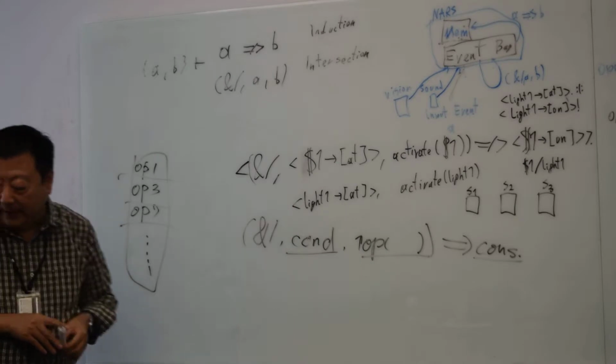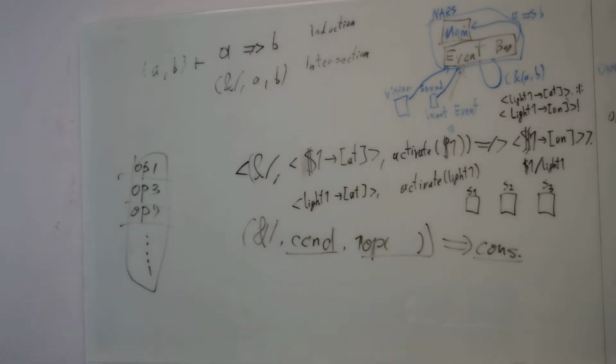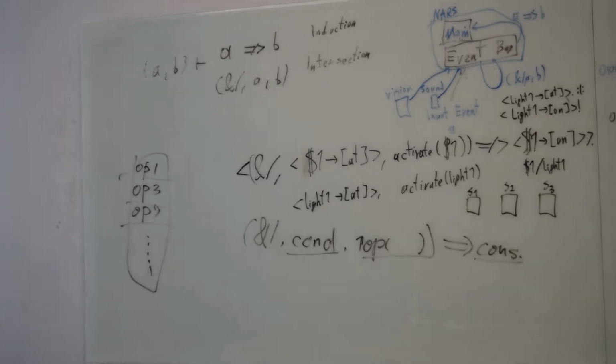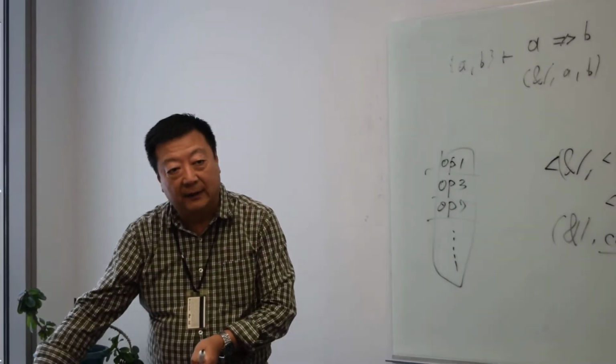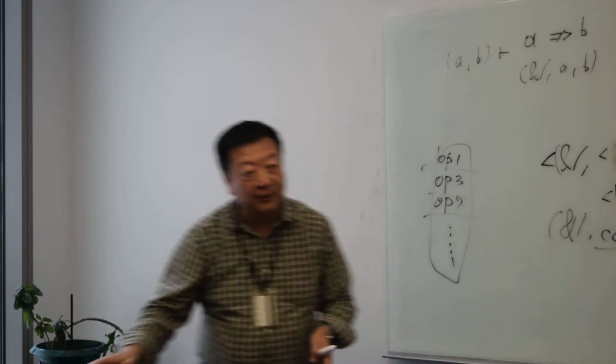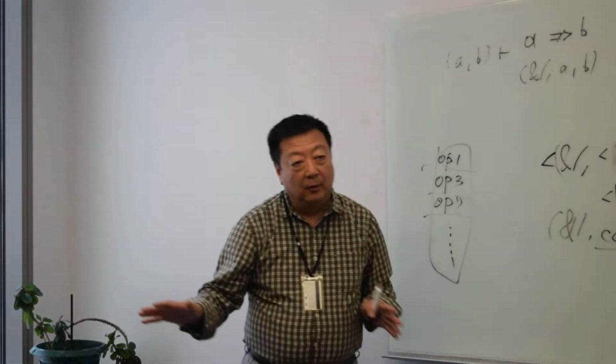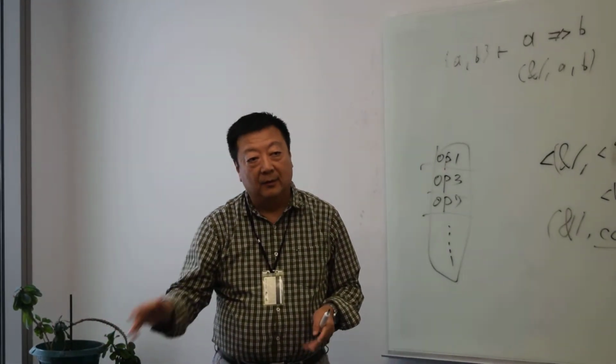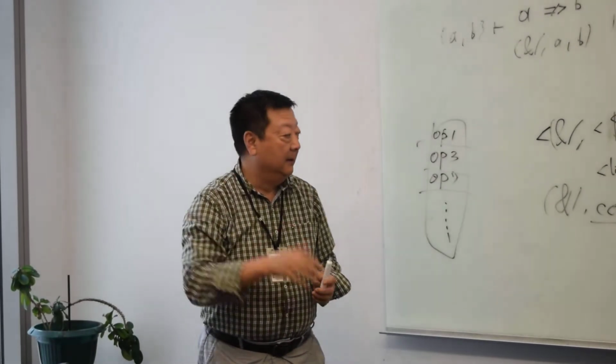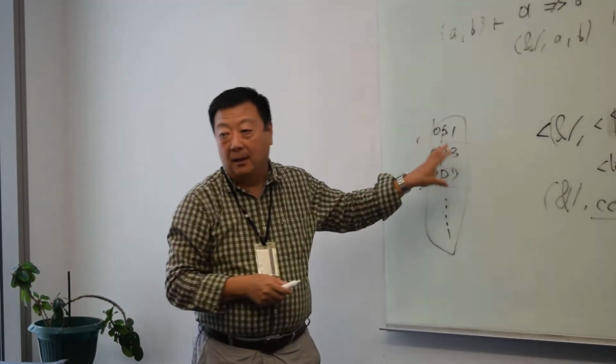So if I know I move here, I will be in a new location. If I push this chair and this chair, according to my knowledge, it will move in that way. So if I combine these two steps together, I know what to expect. That will be a very simple program, which is nothing but a compound operation.